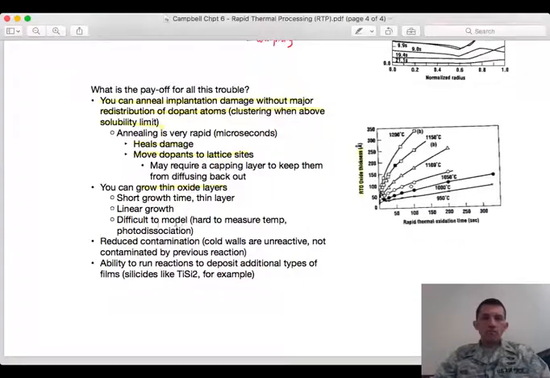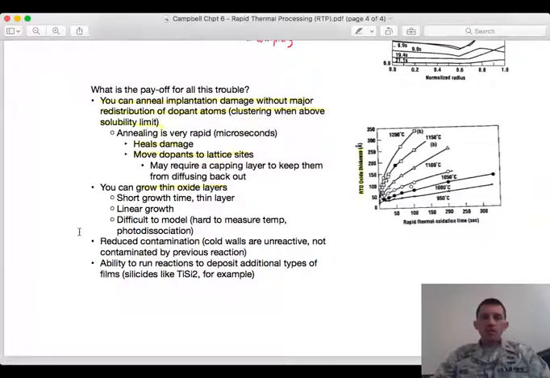However, remember one of the difficulties with the Deal-Grove model is that it didn't model oxide layers very well when they were really thin. So the Deal-Grove model actually wouldn't be very much help here. This would probably be a trial and error kind of thing.